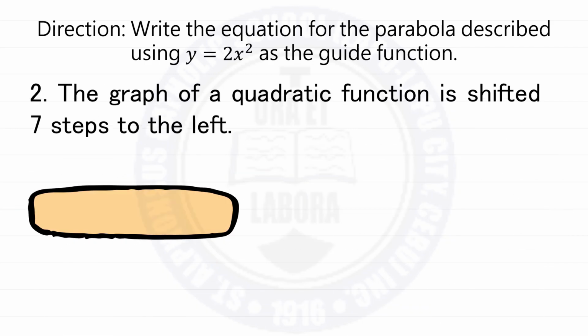Number 2. The graph of a quadratic function is shifted 7 steps to the left. The equation of the parabola is y equals 2 times quantity x plus 7 squared.